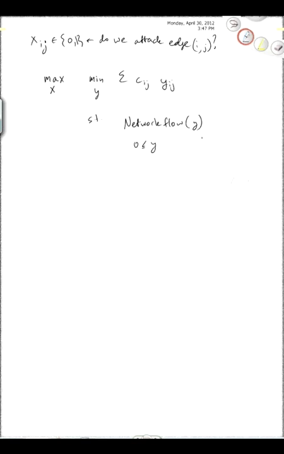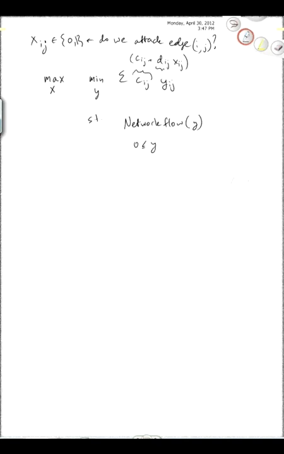If we don't attack it, then the person trying to solve the shortest path is going to experience the Cij edge lengths, whatever those original edge lengths happen to be. But if we do attack it, then we might bump up these edge lengths. So we're going to replace these original edge lengths with something like Cij plus Dij times Xij. You can see that if the Xij is 0, you get back the original Cij, and if the Xij is 1, then you get a lengthening.